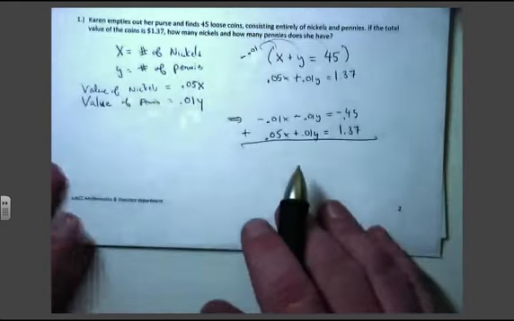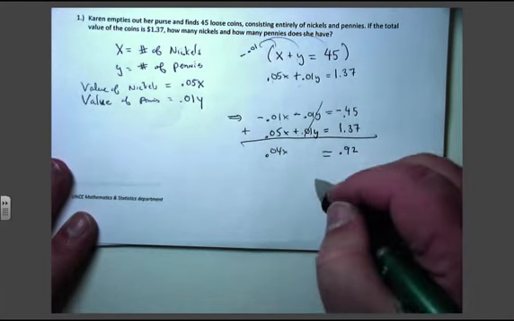Very good, 0.04x. The y's end up canceling. Negative 0.01y plus 0.01y is 0y equals, keep the equal in the same spot, 1.37 minus 0.45. Negative 0.45 plus 1.37 is 0.92.